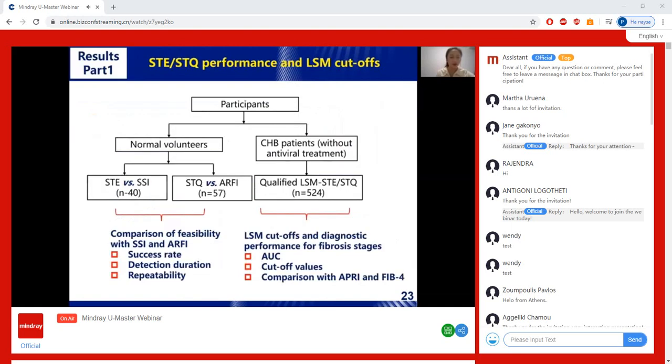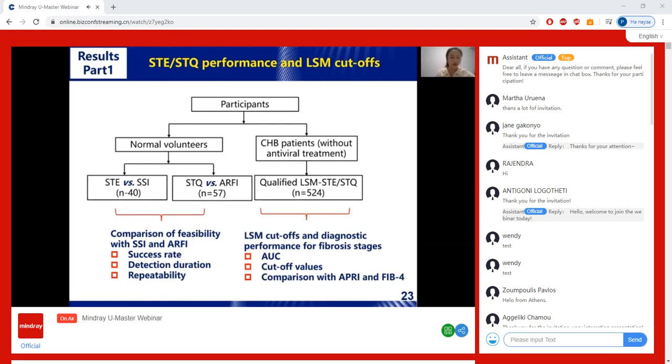Following are some results of this multicenter study. Part 1 was to determine the cutoff values and compare the accuracy of liver stiffness measurement obtained by STE and STQ for assessing liver fibrosis with serological markers. No more volunteers and participants of multicenter study were included.